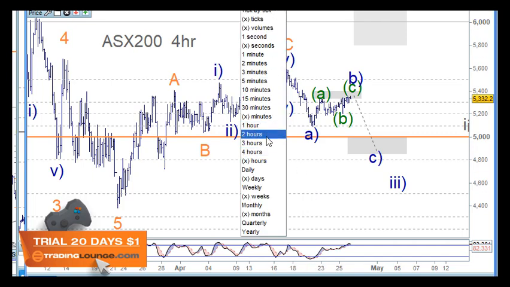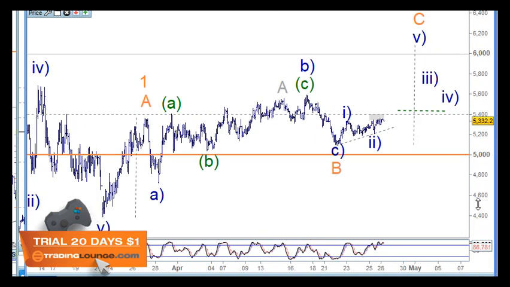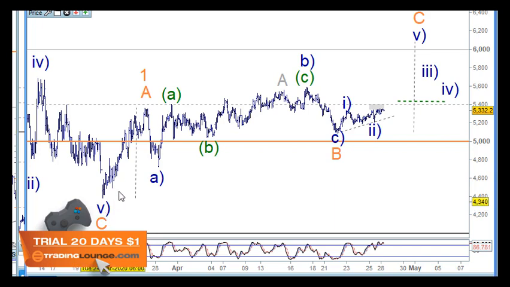The other count for this here, I know this is really annoying, but I've got to look at everything. So the other count here on the bullish side is looking at, this is an A wave here, then a smaller A wave here, and then a smaller A, B, and 5 waves up here for the C wave of B here, and then coming down from B down to C to make wave B here.